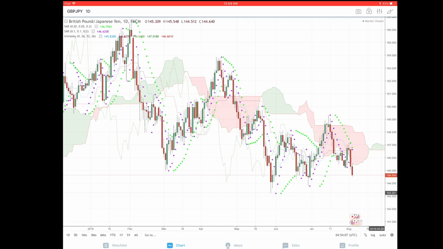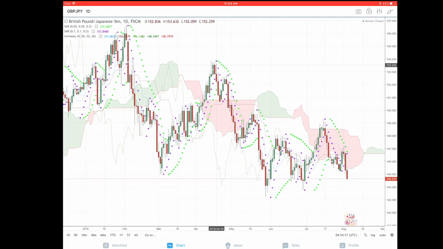But taking a look at GBPJPY here on the daily chart, you can obviously see we've been in a downtrend over the last few days, last couple weeks.